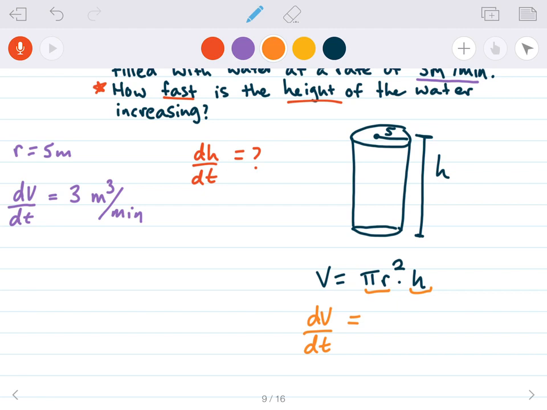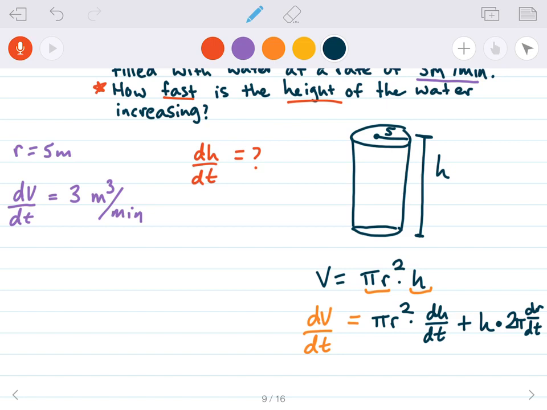So let's use the product rule. The product rule says keep the first times the derivative of the second. Well, what's the derivative of h? It's just dH/dt, with respect to t, of course. Keep the first times the derivative of the second, plus now you keep the second times the derivative of the first. Well, what's the derivative of pi r squared? That's just going to be 2 pi r dr/dt. Okay?